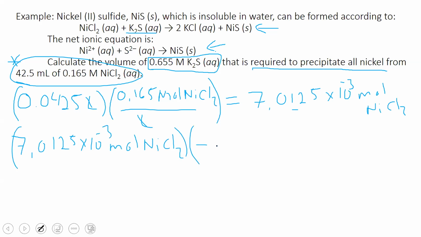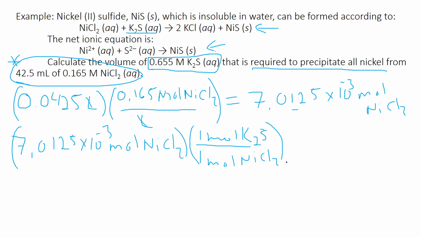Use your mole ratio, 1 mole of nickel chloride for every 1 mole of potassium sulfide, and that will give you the number of moles of potassium sulfide.